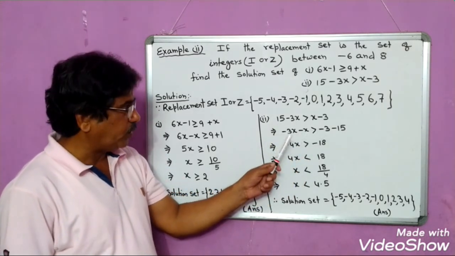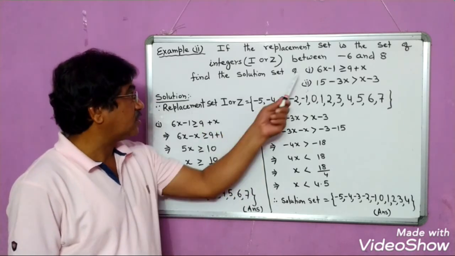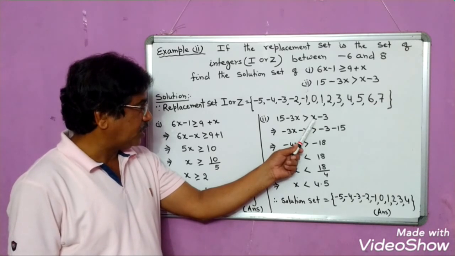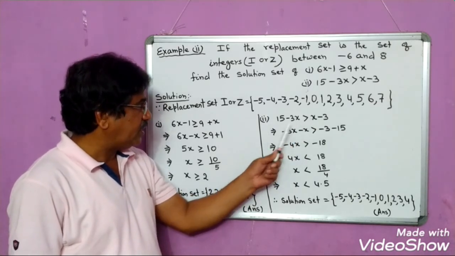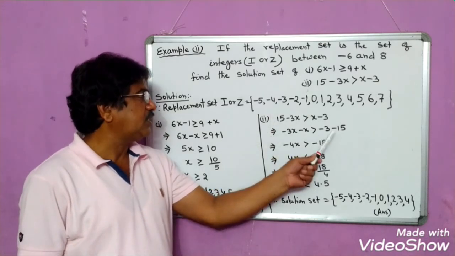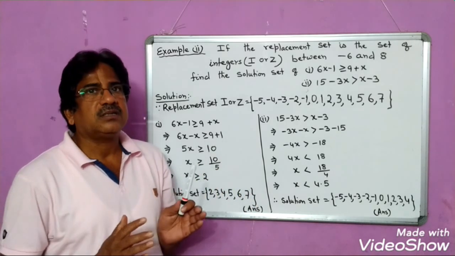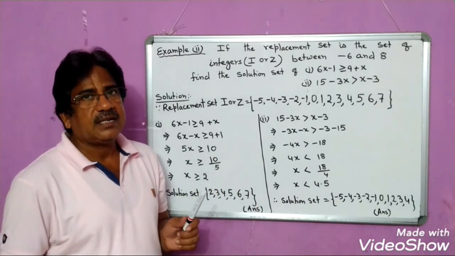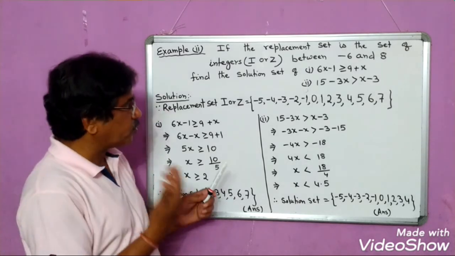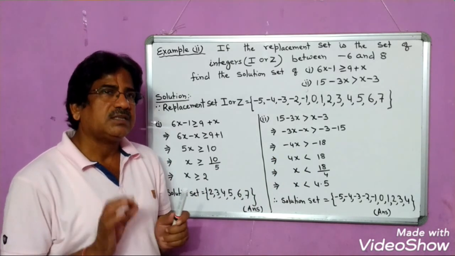As per the rule we discussed previously, here it is x, and when it is taken to the left side, its sign will change, it will become minus x, and this 15, when it goes to the right side, will become minus 15, because whenever we transfer the terms from one side to another side, the sign changes. You have to always keep this in mind. Whenever you transfer a term from one side to the other side, remember the sign will change.